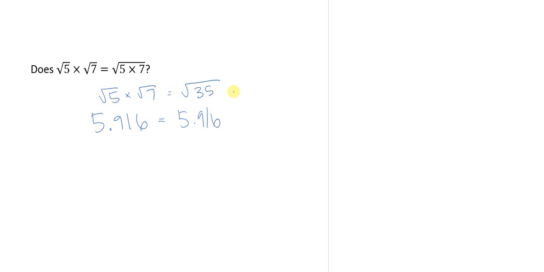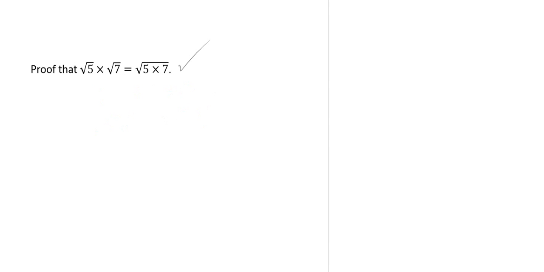So again, we've shown that it looks like root 5 times root 7 is equal to the square root of 5 times 7. Now we've done some rounding there, which makes things a little bit difficult. But we can prove this. We can prove that root 5 times root 7 is equal to the square root of 5 times 7.